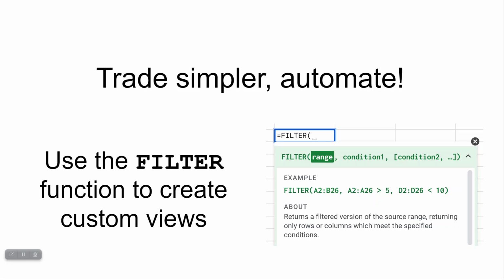At times, however, you want to only look at a specific set of data through a particular lens, and the filter function can be very easy to use in order to achieve these kinds of things. Let me share with you an example. Imagine you'd like to monitor all the trades that might require attention.